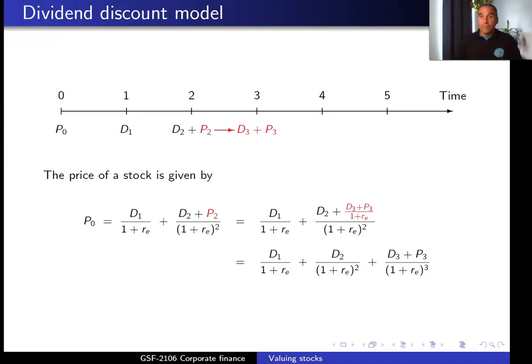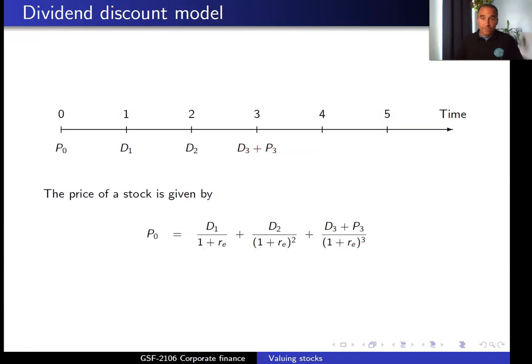If we plan on keeping the stock for 3 years, the price of a stock is the sum of all next 3 dividends discounted over the appropriate number of periods. So dividend 1 discounted over 1 year, dividend 2 discounted over 2 years, dividend 3 discounted over 3 years, plus the expected price at time 3 discounted over 3 years.